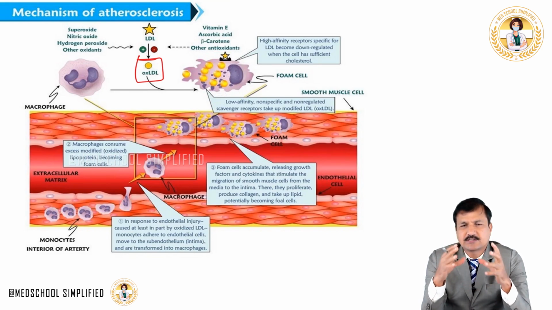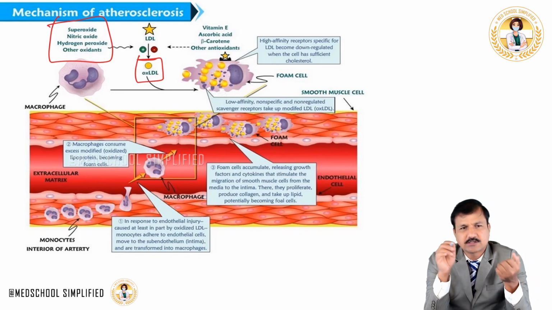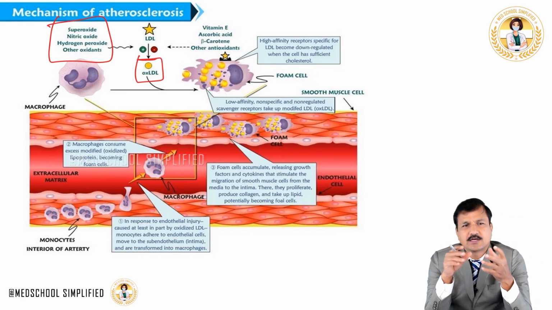So when there are excess levels of LDLs in the circulation, and along with that, if the person has higher levels of reactive oxygen molecules, basically the oxidants, compared to antioxidants. So when there is an imbalance between the oxidants and antioxidants, oxidants are written on the left hand side here, that is superoxide, nitric oxide, hydrogen peroxide and other oxidants.